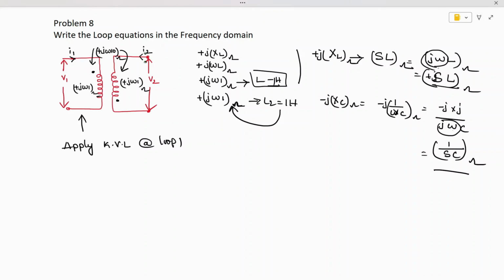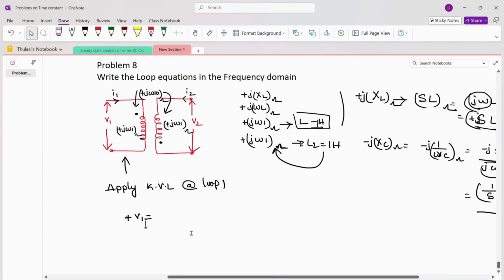The voltage source is equal to, by the KVL at loop 1, the input voltage is V1 and the drop is, so this is the self-inductance. If you want to write this down, s is equal to j omega. So you can write it as s1 ohms, this as s1 ohms, and this as s1 ohms.